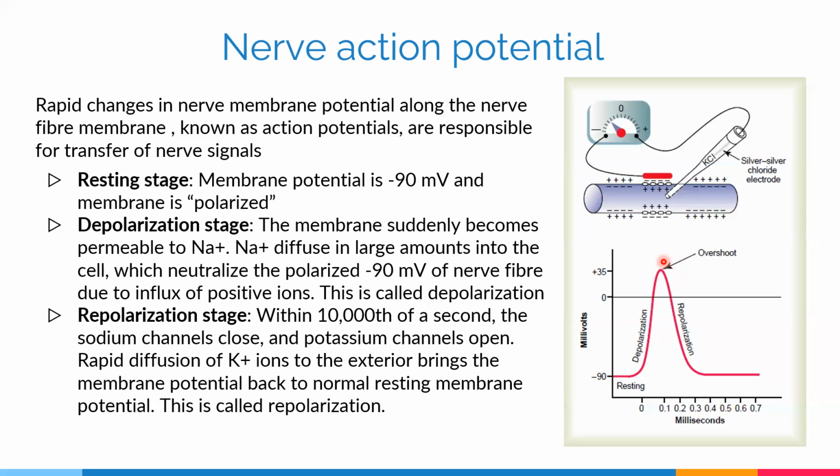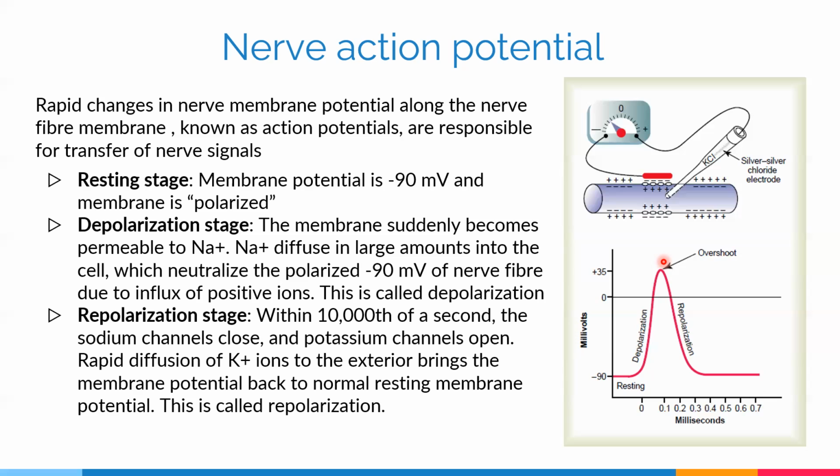Simultaneously, there is an opening of potassium channels. As we have seen, the potassium gradient is outside, that is opposite of the sodium. And the opening of the potassium channels causes huge amounts of potassium ions to exit the cell.